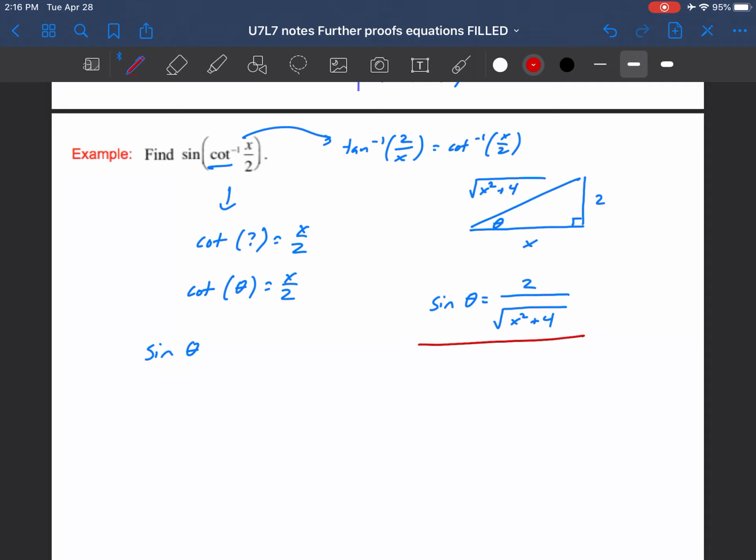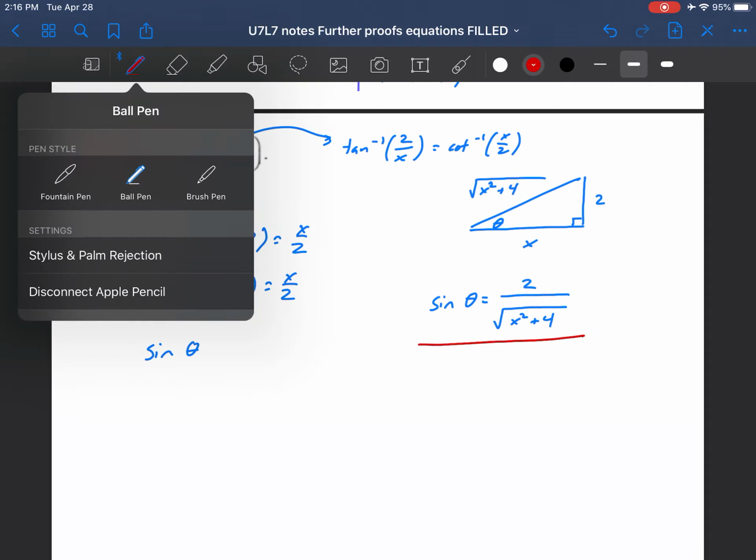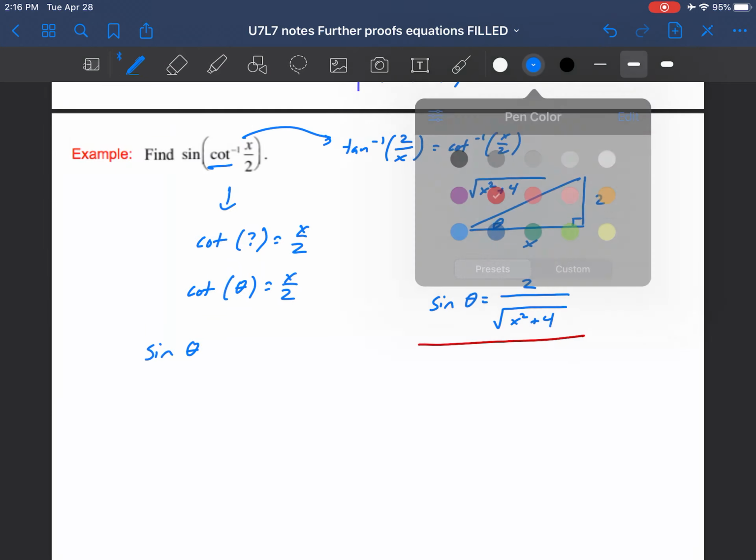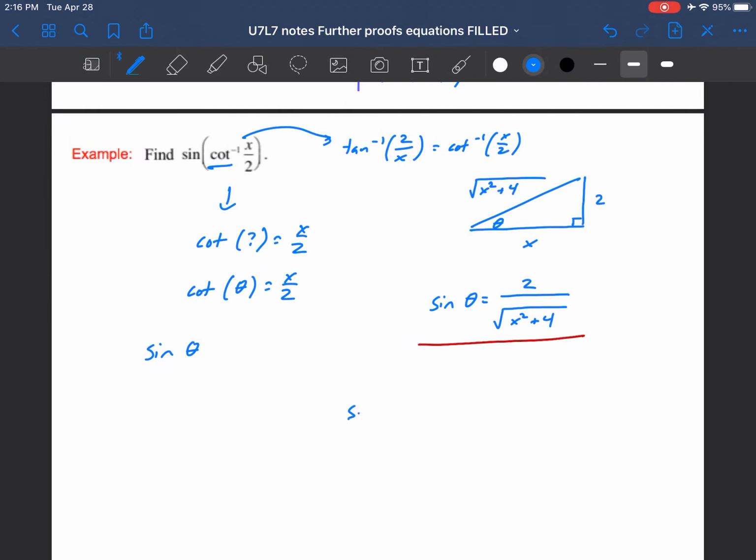So I guess we don't really need to say sine theta. We can just say answer: the sine of the cotan inverse of x over 2 is equal to 2 over the square root of x squared plus 4.